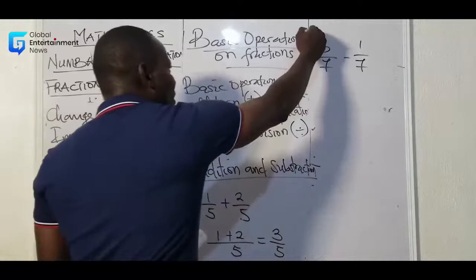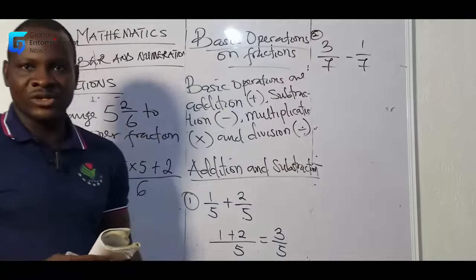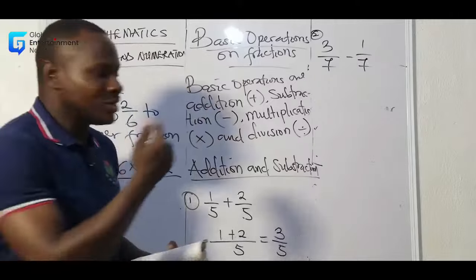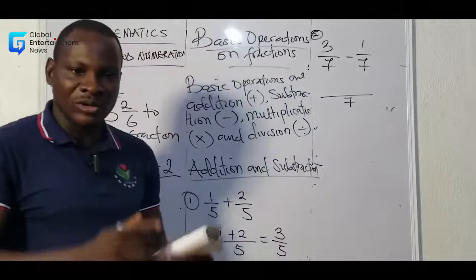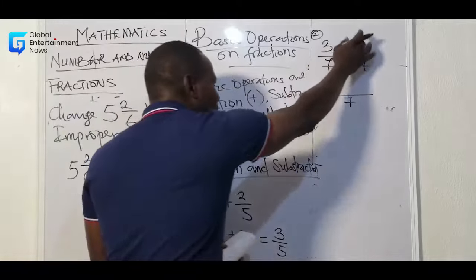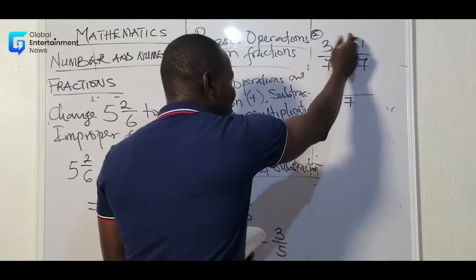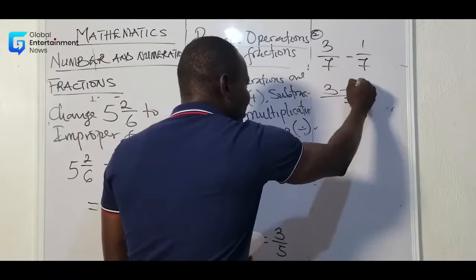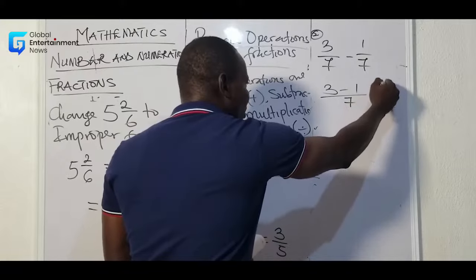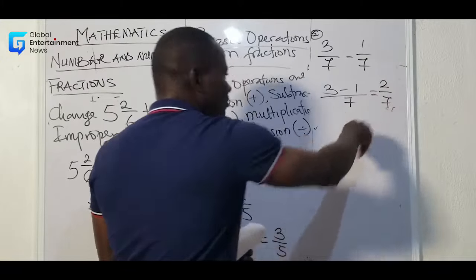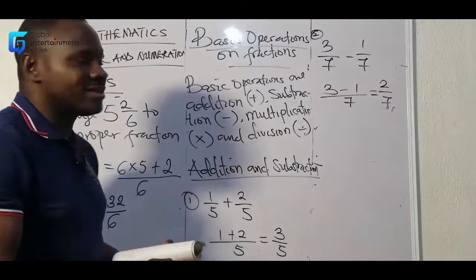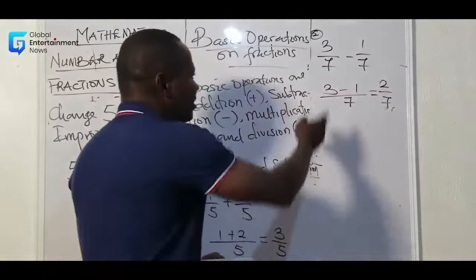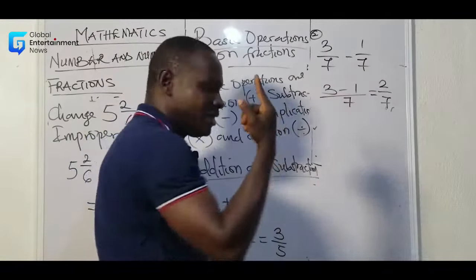We have a common denominator, so you put the denominator down because it's common. And you subtract the numerators: 3 minus 1. The result is 2 all over 7. And looking at this, it is the same way. You can also say, how many 7s can we see here? 1.